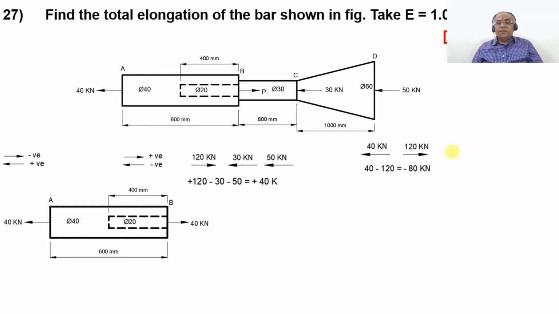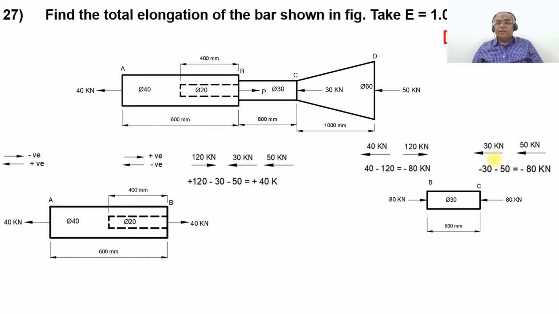For the right hand side of the segment, it is again minus 30 minus 50. Both loads are acting toward the left side, which is minus 30 minus 50, which is minus 80 kilonewton. Since minus 80 kilonewton is on the left hand side and minus 80 kilonewton is on the right hand side, it is in equilibrium. So the segment BC is going to be compressive in nature.